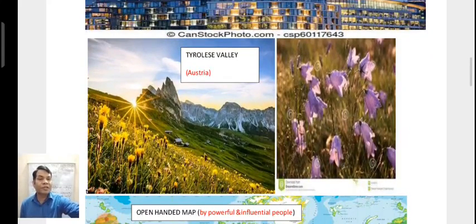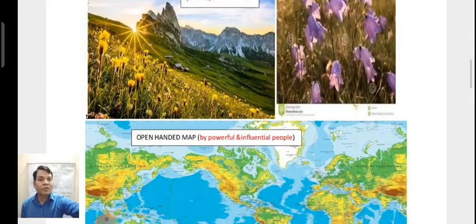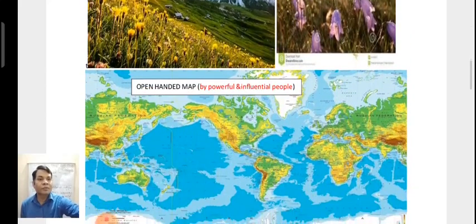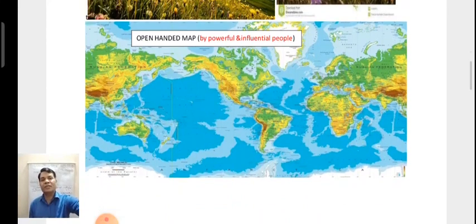Further, Tirol's valley is a beautiful valley in Austria. This is the open-handed map which has been made by powerful and influential people, and it is just an imposition on these children which shows only the civilized world.